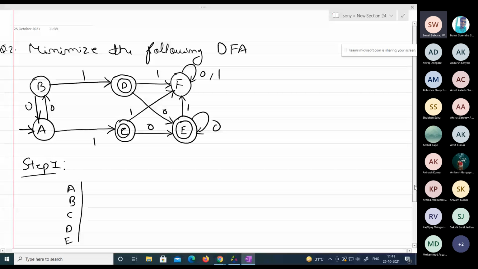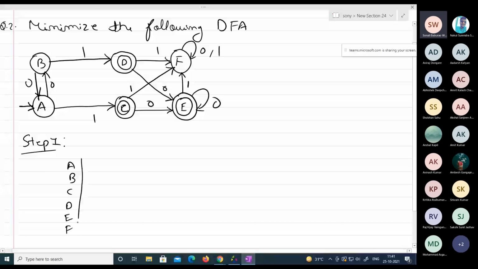Write down the values here now. What are the values here? Write it down. It is BC. B on 0 is A, B on 1 is D. Similarly, this arrow indicates that A is the initial state. Similarly, circle this C. C is the final state. D is also the final state, so circle it.